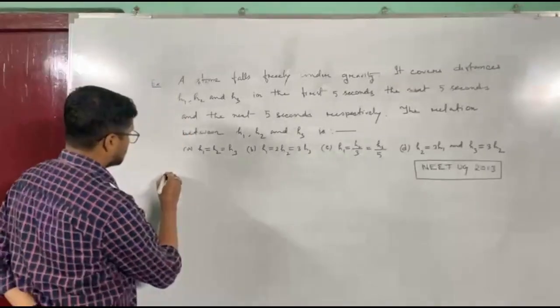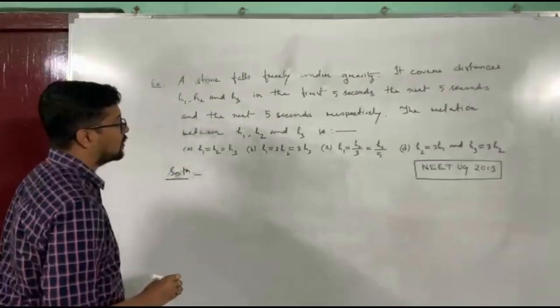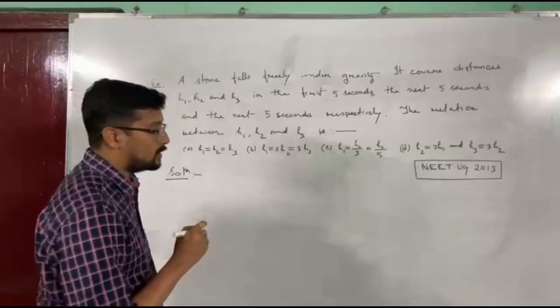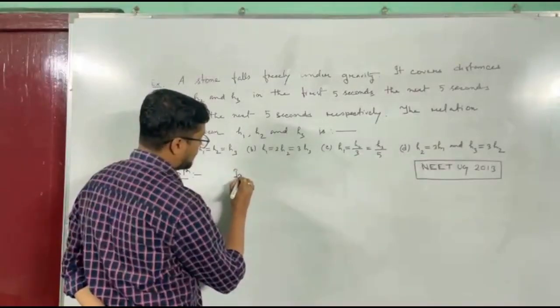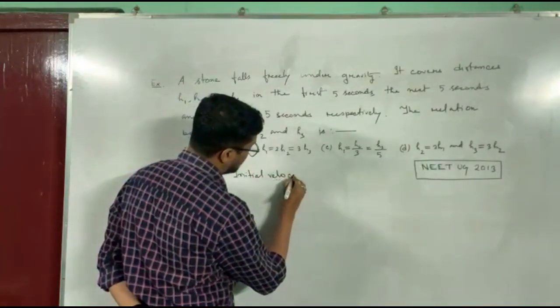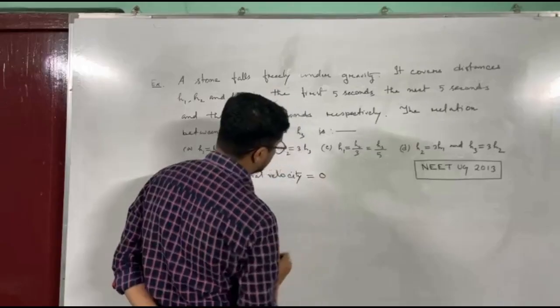As we already know, for free fall, initial velocity is equal to 0.